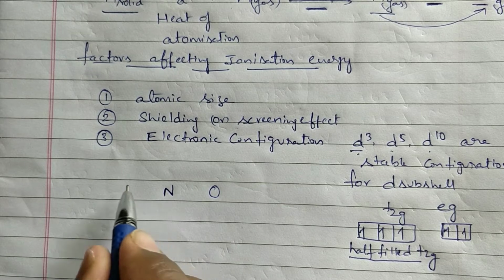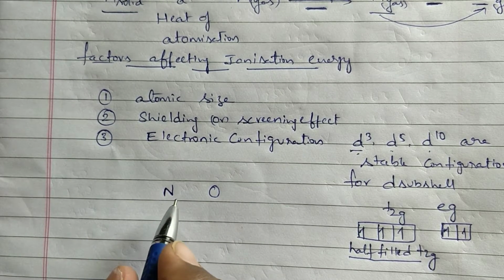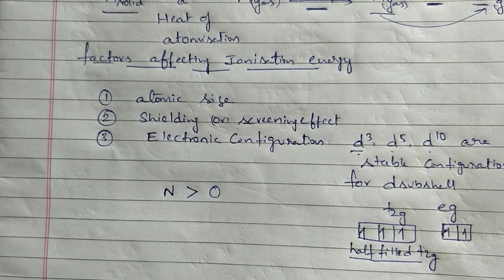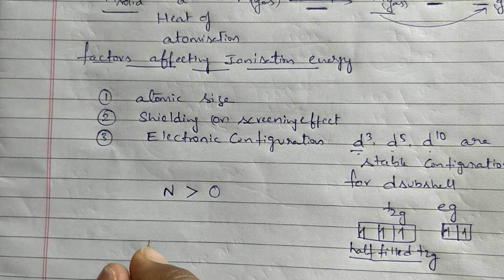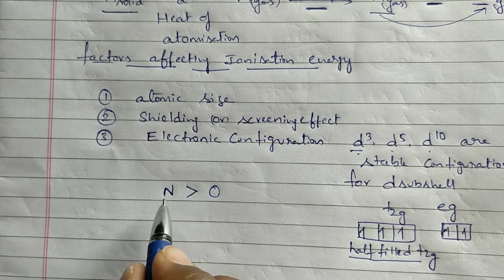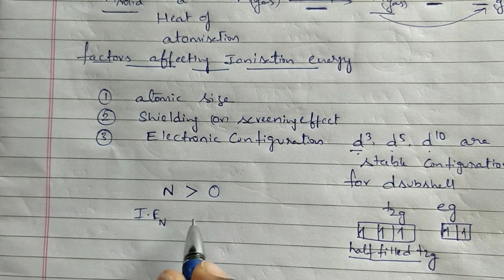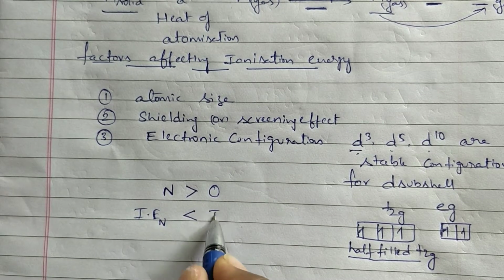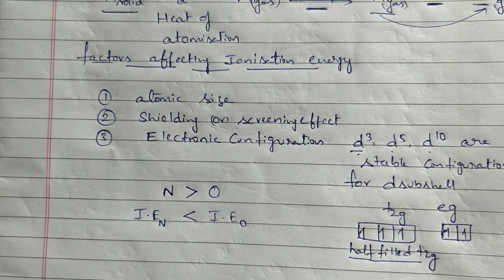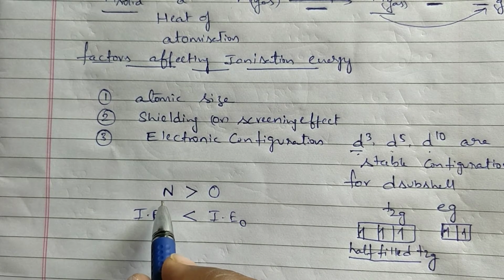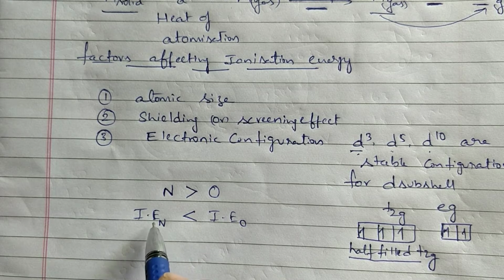Actually, from left to right, atomic size decreases. Nitrogen is bigger than oxygen. When nitrogen is bigger than oxygen, the ionization energy of nitrogen must be less than that of oxygen, because for this bigger nitrogen we can easily remove the electron.